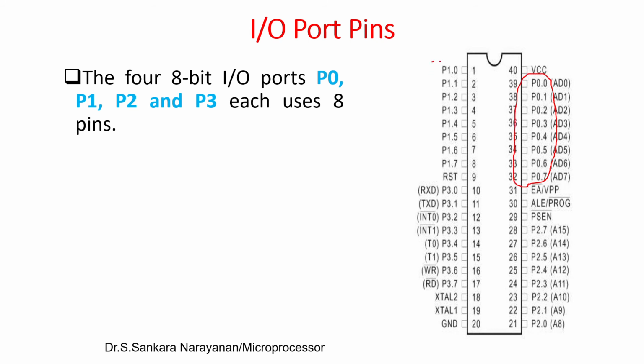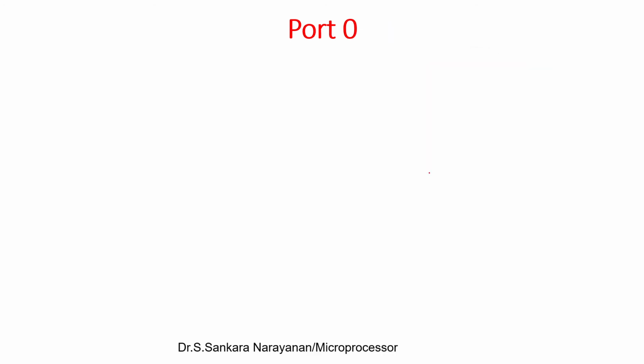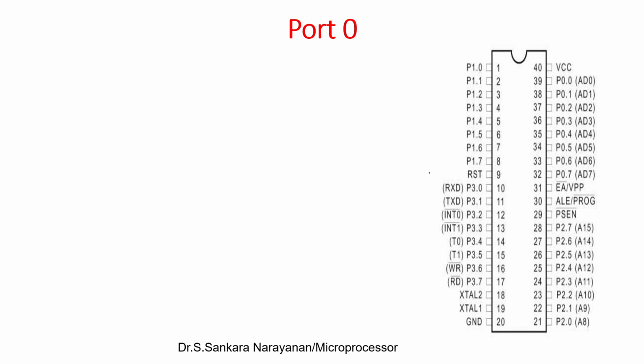This is port 1.0 to 1.7, this is port 2.0 to 2.7, and this one is port 3.0 to 3.7. These are the purposes of each IO port.